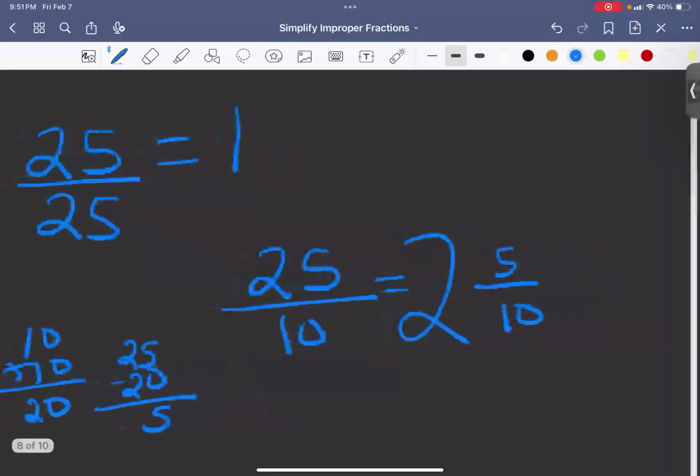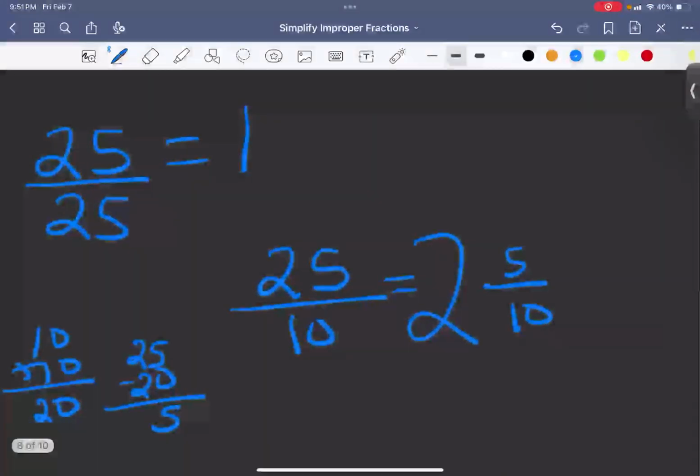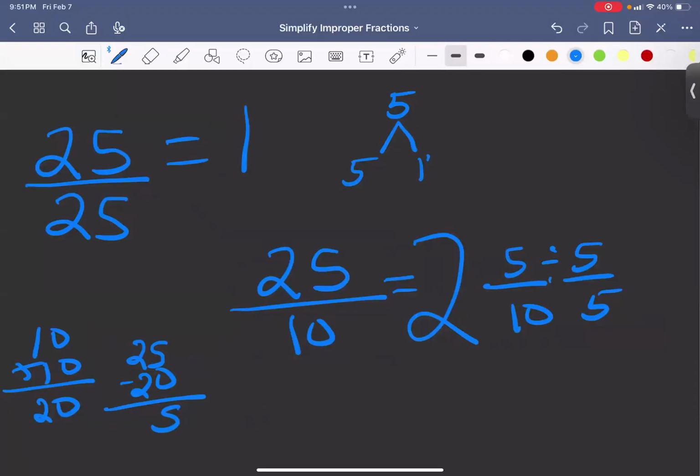Is that in simplest form? No. What can we simplify 5 and 10 by? We can simplify it by using 5. So we divide by 5. Why? Well, if I make a factor tree for 5, the factors of 5 are 5 and 1. They're both prime numbers. The factors of 10 are 5 and 2.